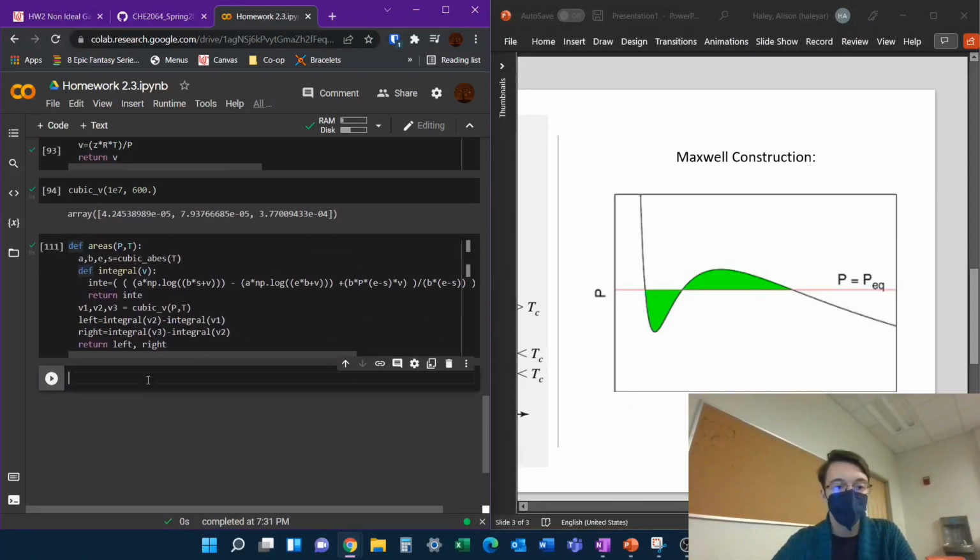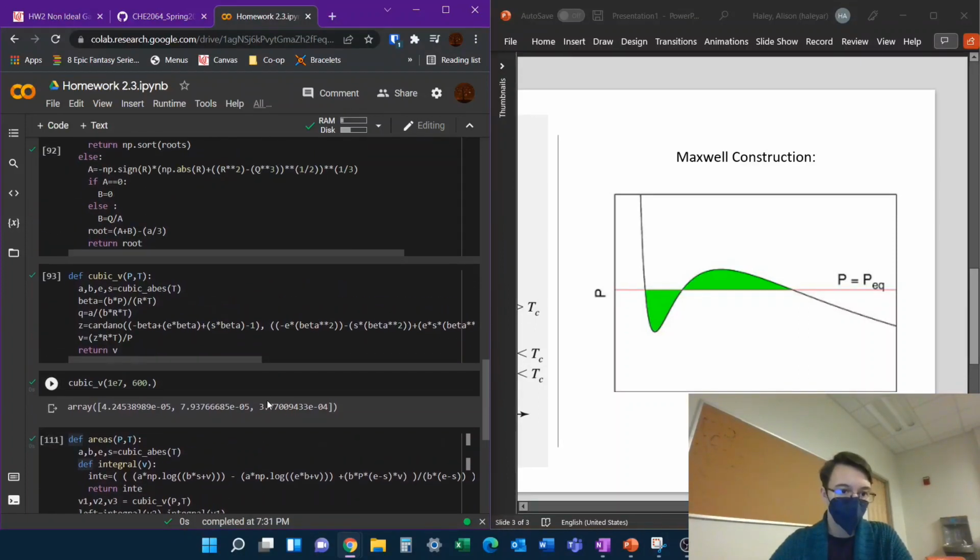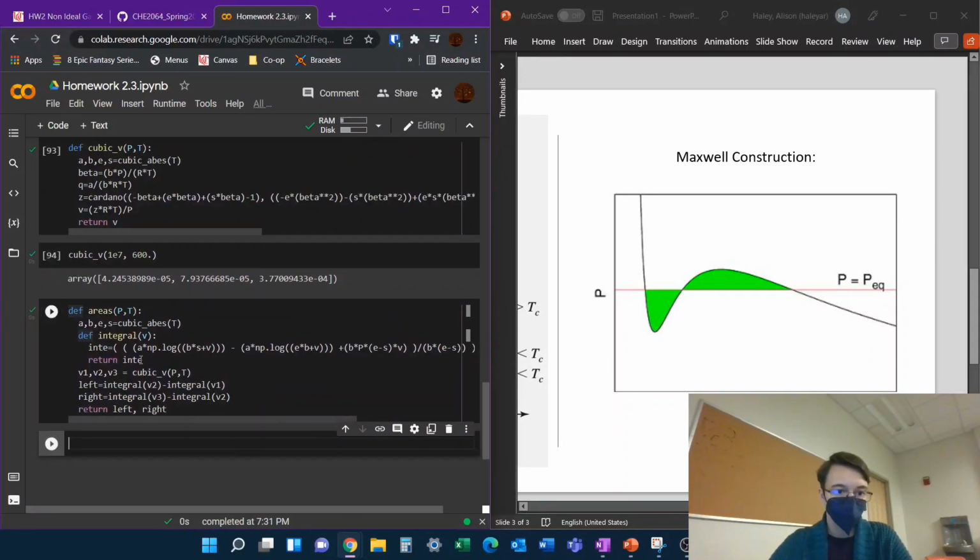Alright. So basically what we're going to be doing is we're going to have it iterate through a bunch of different pressures, because we're going to know where the volume values are, because we'll get those from our cubic V function.